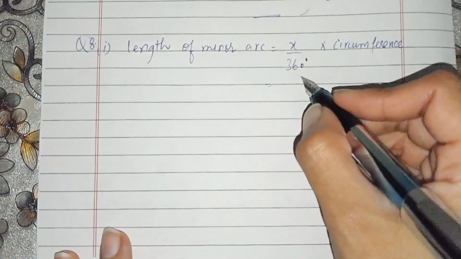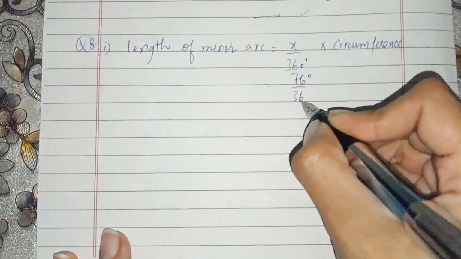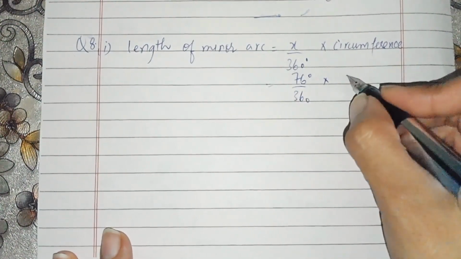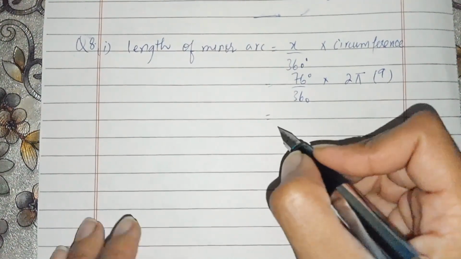X is given to us in the figure, which is 76 over 360, and the formula is 2 pi r. R is also given to us, which is 9. Now we have to solve it.